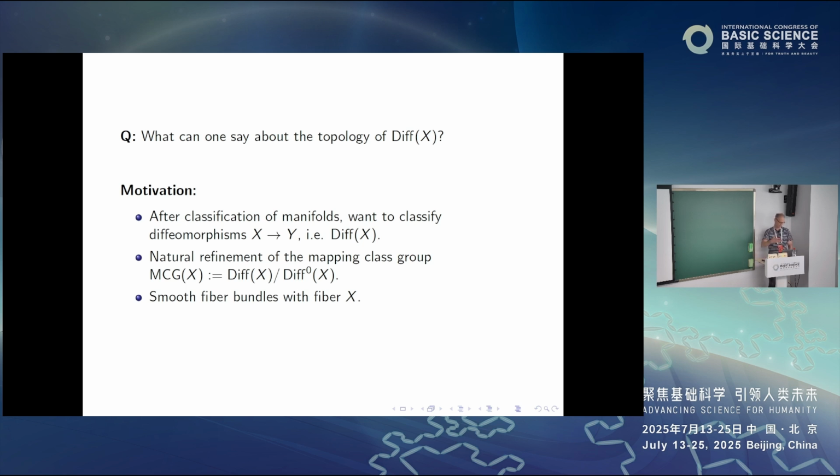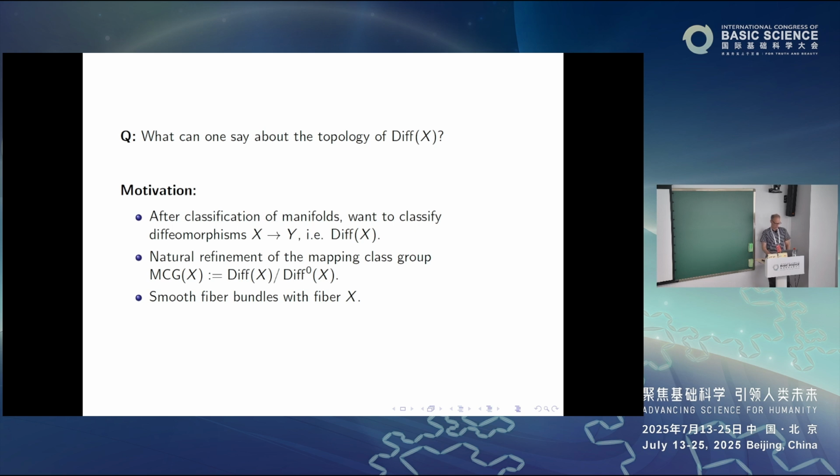So you can think of Diff as a refinement of the mapping class group. Another motivation comes from thinking about fiber bundles where the fiber is diffeomorphic to X, but the structure group is Diff X. You build a bundle where the fibers are copies of X, but there's no finer geometric structure. That leads you to want to understand this question.